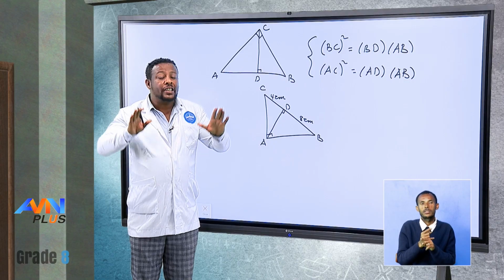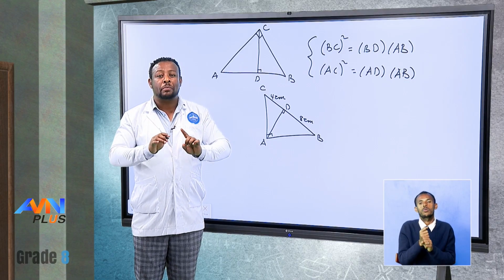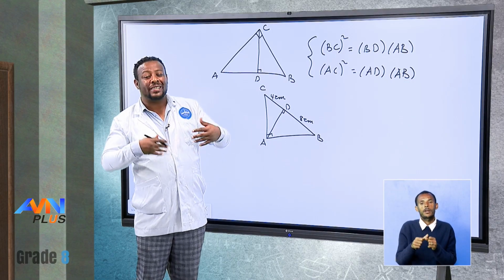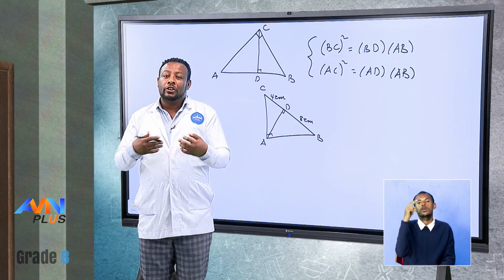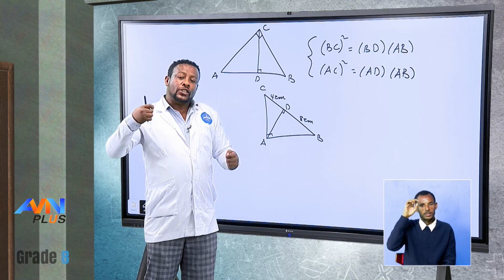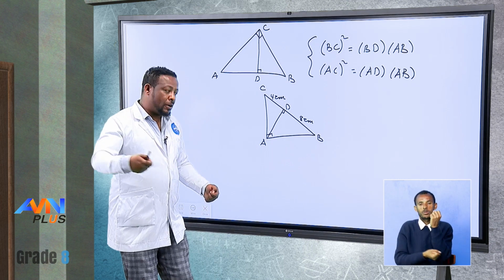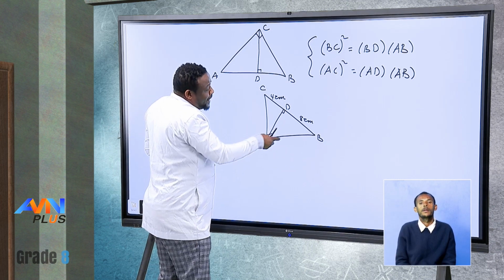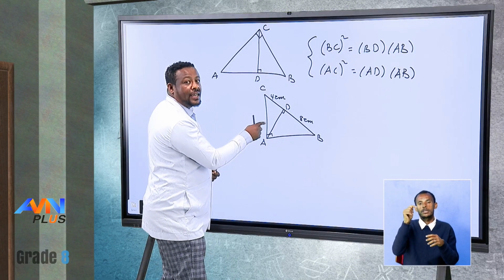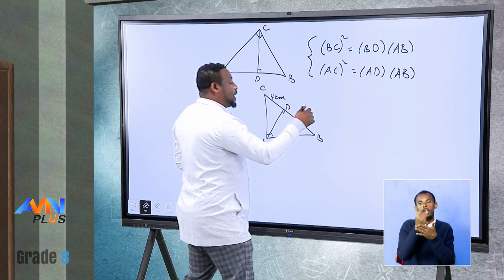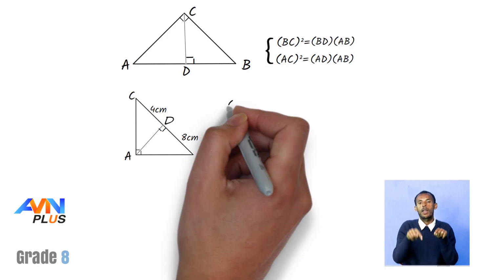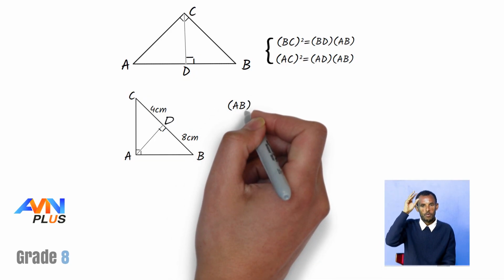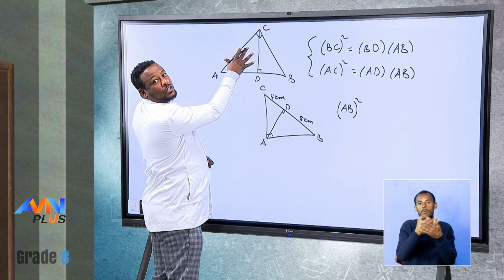So the first thing that you need to do is remember what Euclid's theorem is saying, or the formula that can be used in Euclid's theorem. Based on Euclid's theorem, in this figure, you can take the square of one of the legs, AB squared. Forget about the other formula, because it works for the other situation.